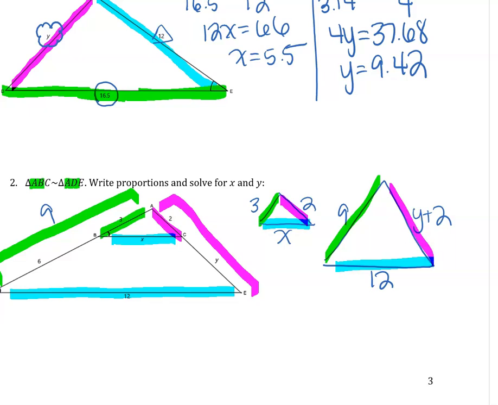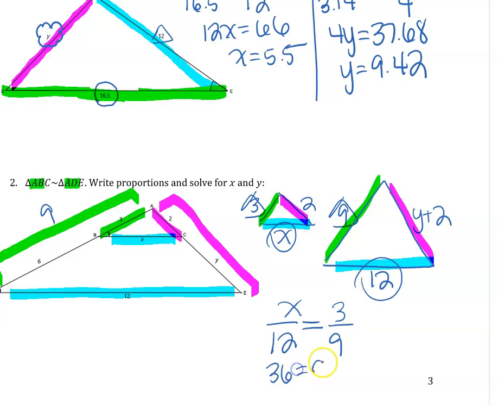Now from there, I just need to solve for x and y. Let's start with x. X corresponds to 12, as 3 and 9 would be a good match for the other side. That gives me 36 equals 9x, so x equals 4.